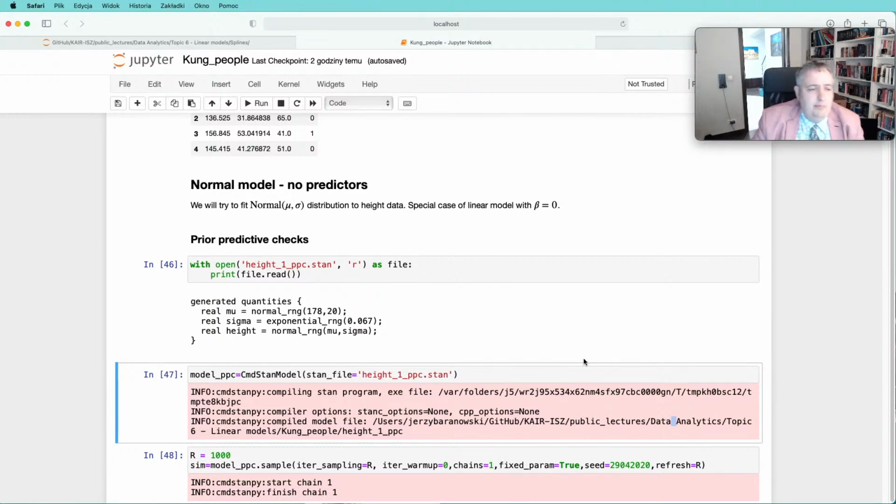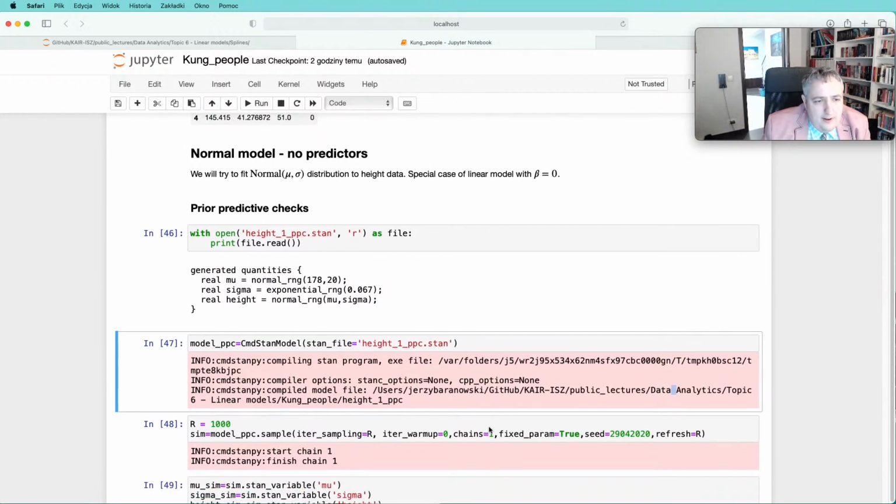It shouldn't happen, but I've replicated it on Macs. So that's why I've made an issue for the CmdStan developers, and we'll see what will happen with that. And maybe it's a Mac issue, I'm not sure, but it makes stuff a little bit slower.